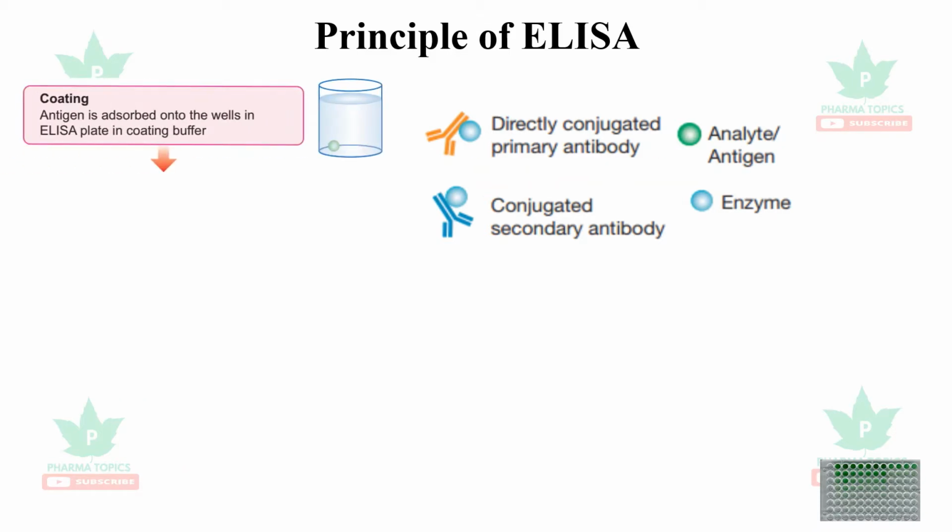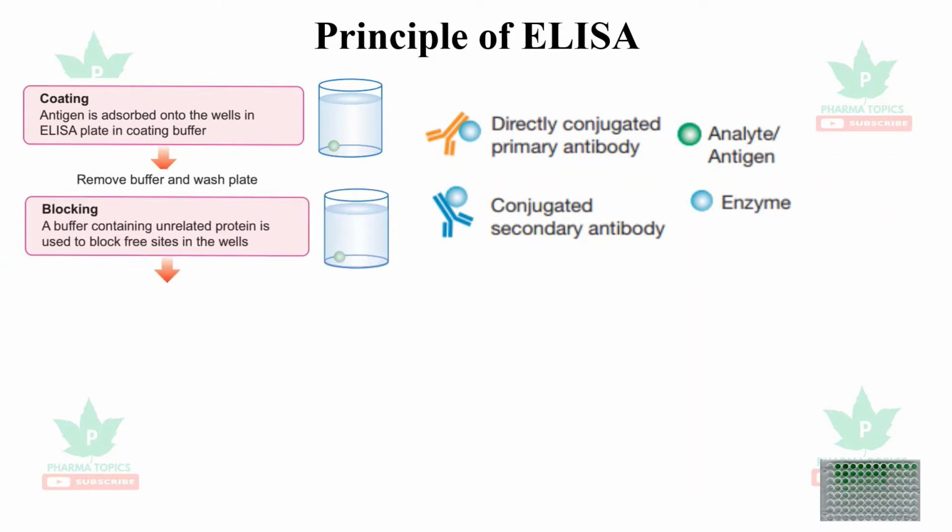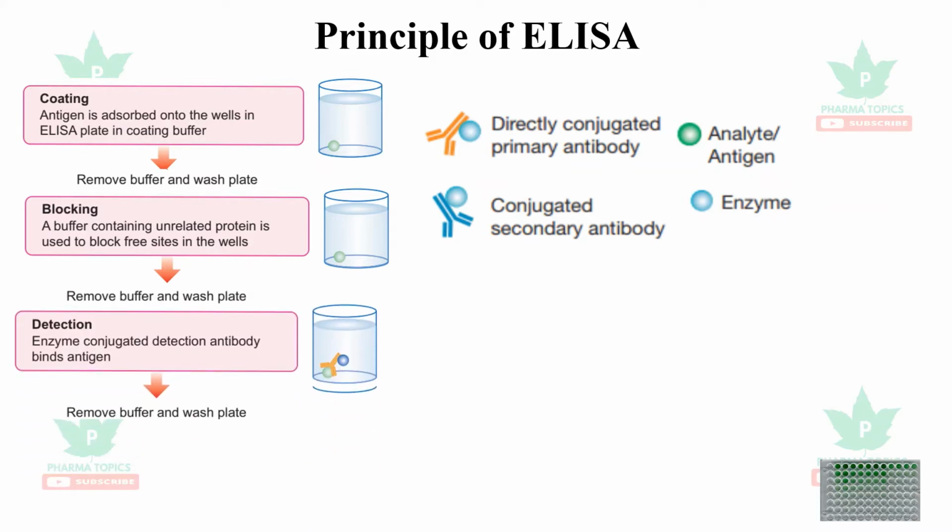The steps are coating: the antigen is adsorbed onto the walls of the ELISA plate in a coating buffer. Then the buffer is removed and washed. A blocking agent is added to block the free sites in the wells of the ELISA plate. Then again it is washed.